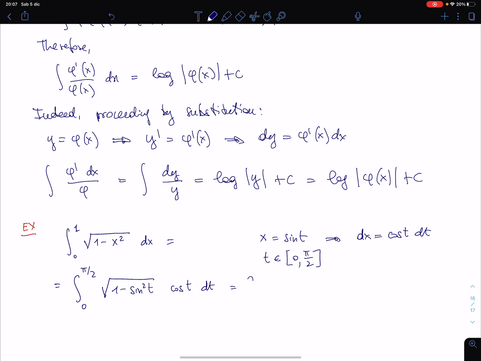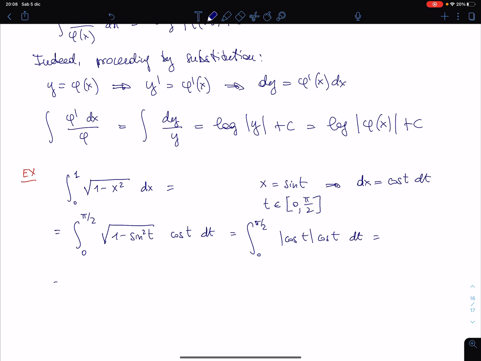And this is the integral between 0 and pi over 2 of the absolute value of cosine of t, times cosine of t, dt, and this is equal to the integral between 0 and pi over 2 of cosine of t squared.